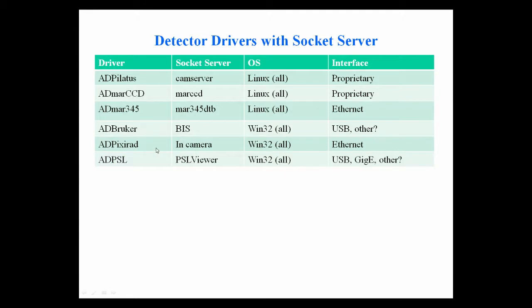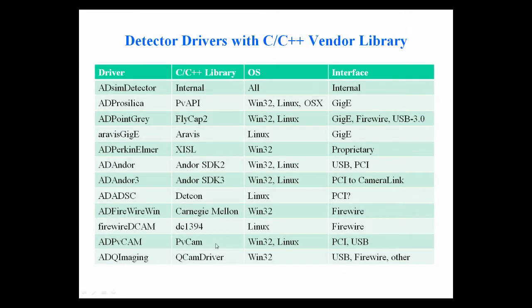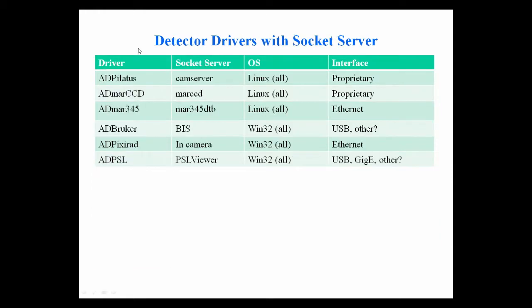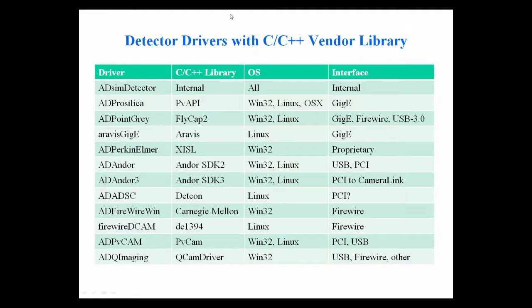The PVCAM library, for Princeton Instruments detectors, runs on Windows and in principle on Linux. Q imaging, I can't really speak to that. That uses their QCAM library. It's Windows only.